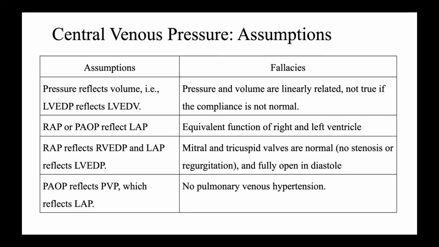The second assumption we make is that the right atrial pressure or pulmonary arterial pressure reflects the left atrial pressure. Also, that left atrial pressure reflects the left ventricular end-diastolic pressure, and both are obviously not going to work if there is a valvular problem in between.